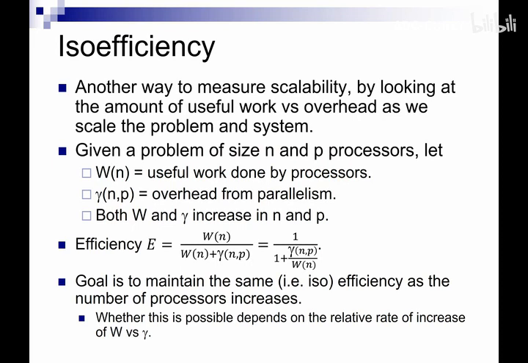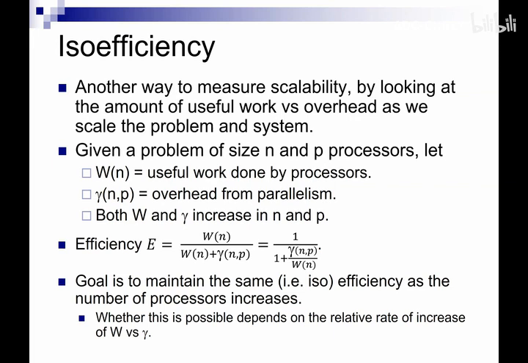So W(n) is just the useful work. And gamma is the amount of overhead that we're paying from parallelizing. This gamma is a function of both the problem size and the number of processors. Both W and gamma are going to increase as you increase the problem size and the number of processors.